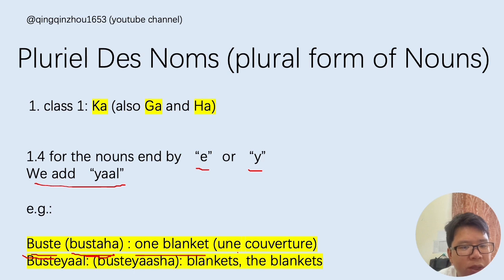It ends with e, so it becomes Buste, busteyaal. And the plural form, busteyaasha. Bustaha, busteyaasha. Blankets, the blankets.